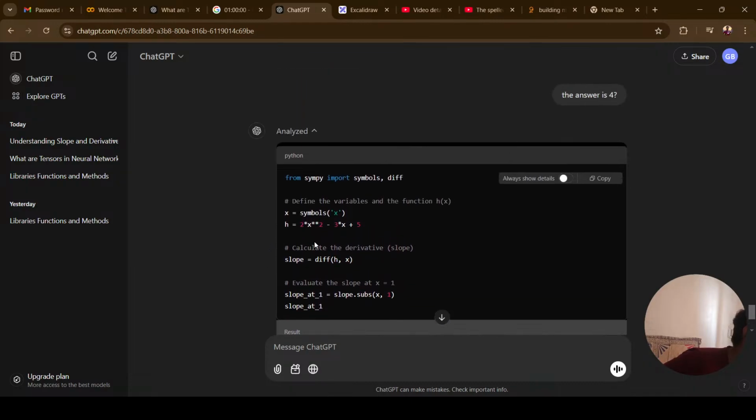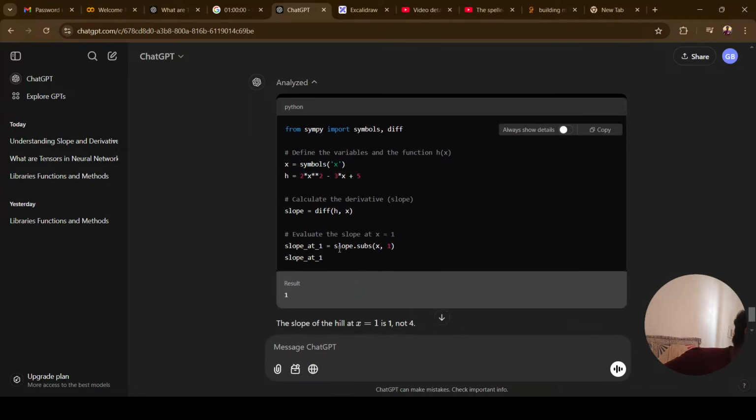Let me just take 2x squared minus 3x plus 5 and calculate the derivative.